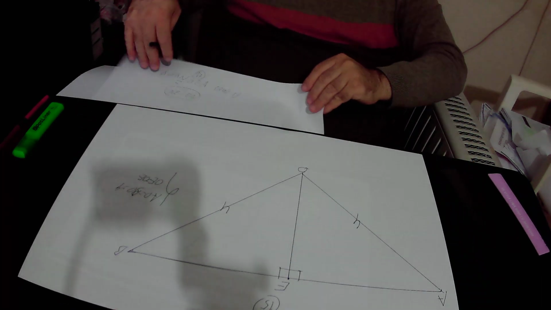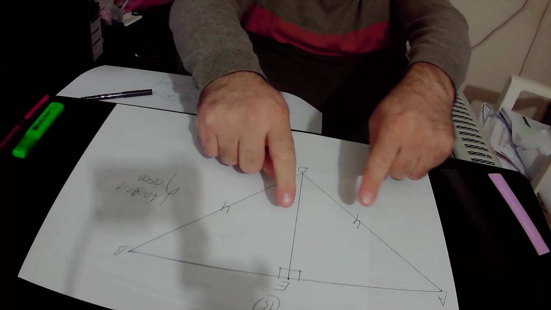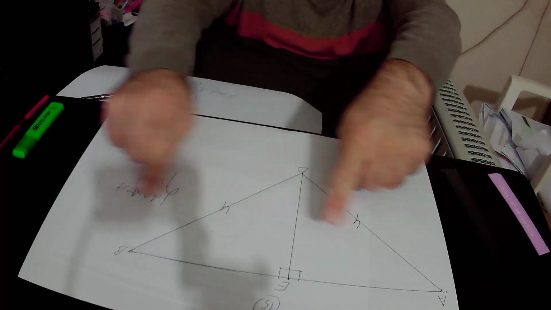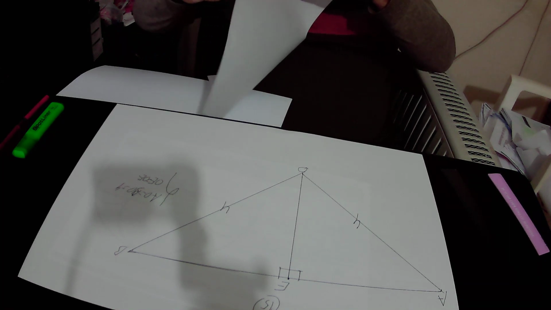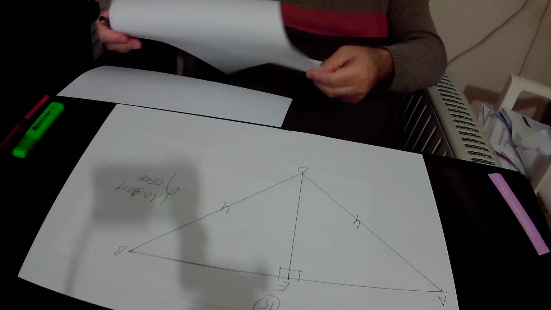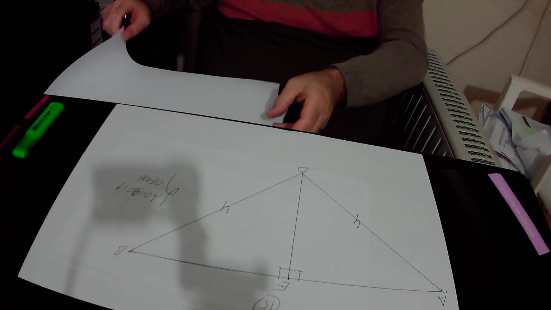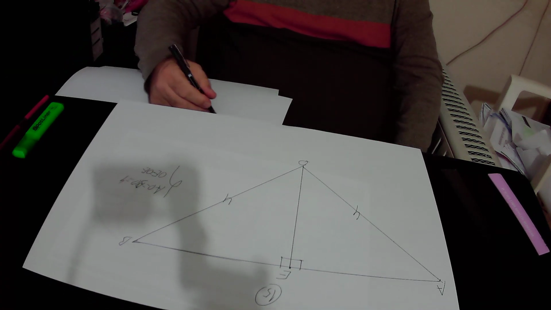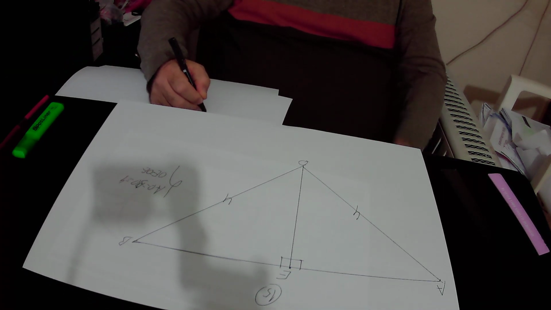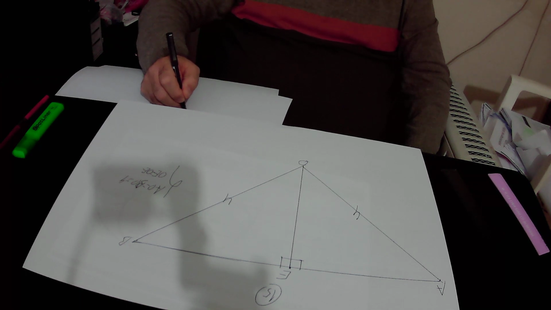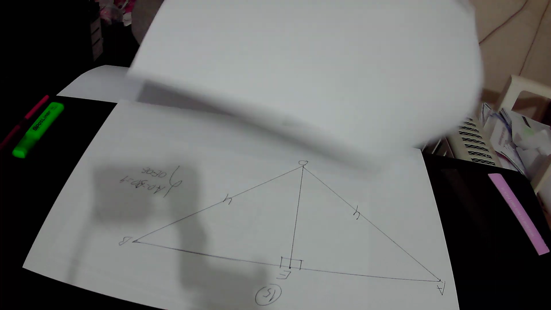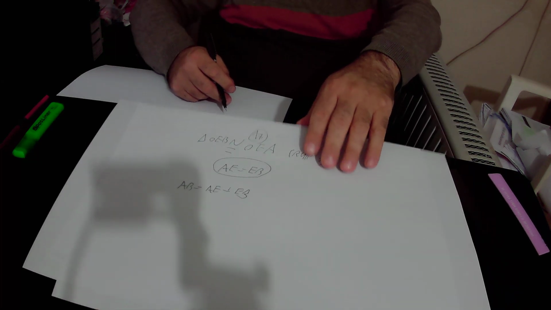Those two triangles can go into each other, therefore the corresponding sides AE and EB will also be equal to each other. And what is the value of AB? From the drawing you can see that AB equals AE plus EB.